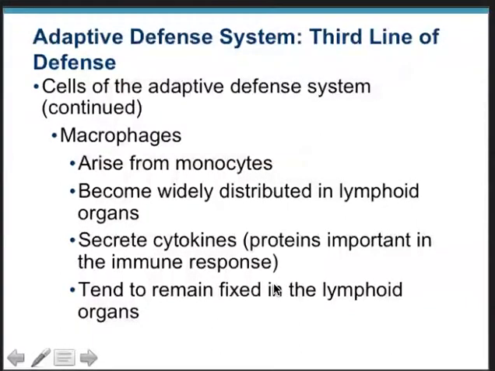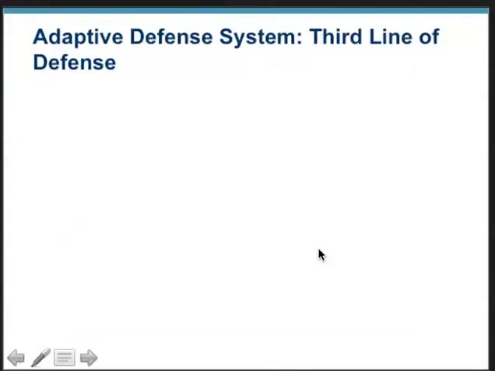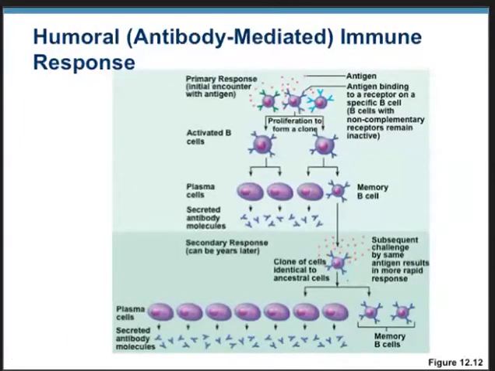They simply stand guard for fluid that passes through them that potentially can contain pathogens, so that they can engulf those pathogens, chop them into little bits, and then display those molecules, those antigens on their surface in combination with the major histocompatibility proteins. And so what you're looking at here is how the B cells help us fight infection.